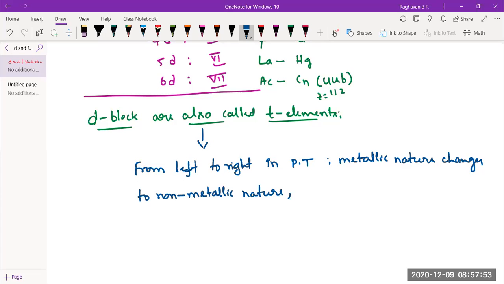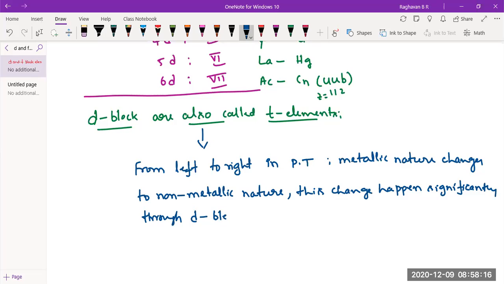This change happens significantly in the D block. So therefore, they are called transition elements.